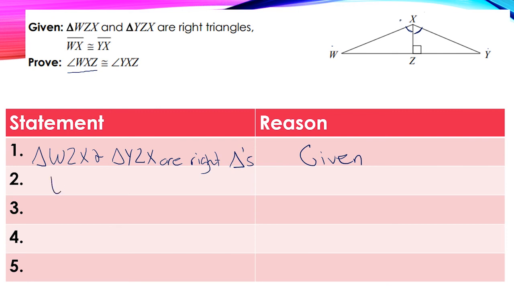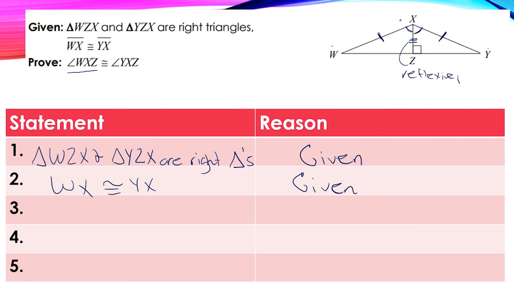And we have WX is congruent to YX. That is also given. So WX is congruent to YX. That is given. And so whenever we see a pair of triangles that share a side, we can automatically conclude that that's a pair of congruent sides because it's the same side. So that is the reflexive property.